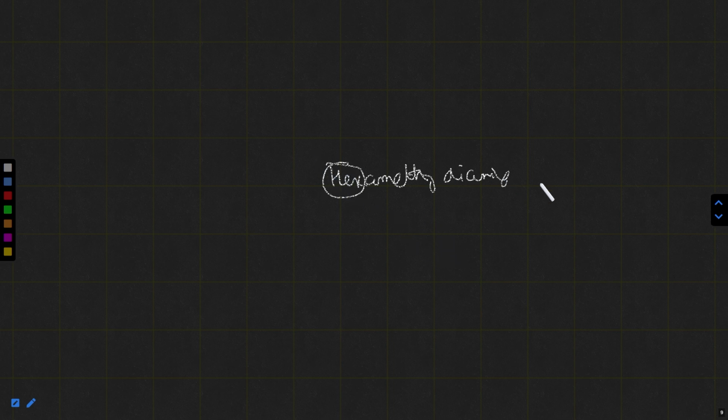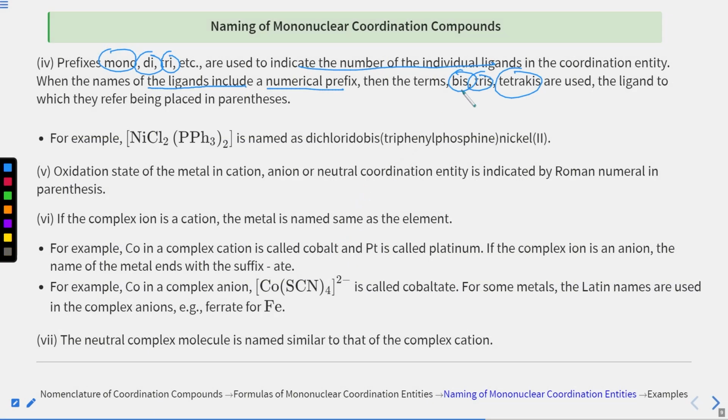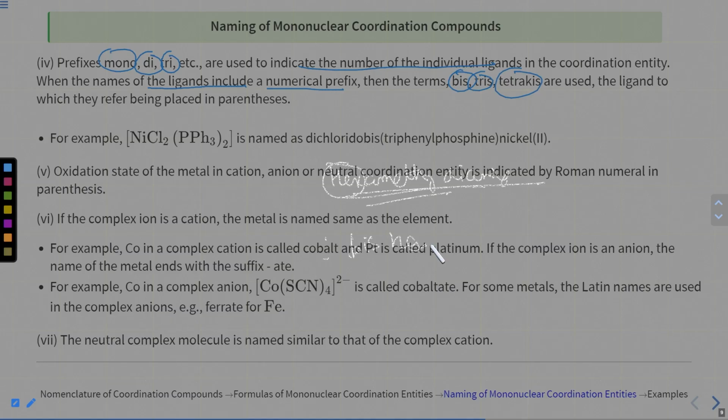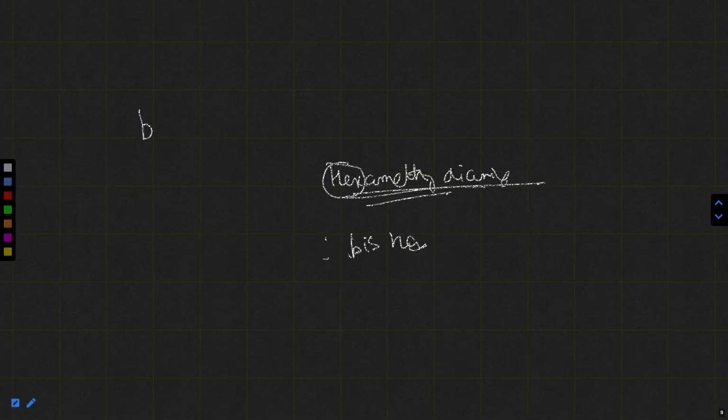Now suppose 2 of such entities are present, then we will not write it as dihexa. We will write it as bis, bis is for 2, so we'll write bis(hexa...) and the rest of the name. Clear? So bis is for 2, tris is for 3, and tetrakis is for 4.